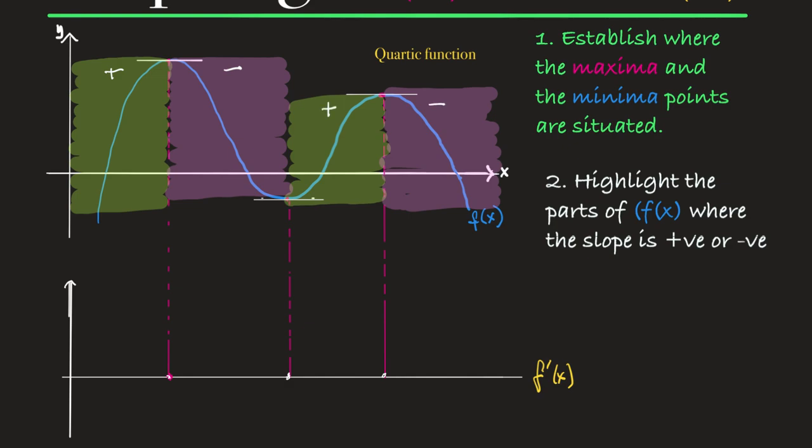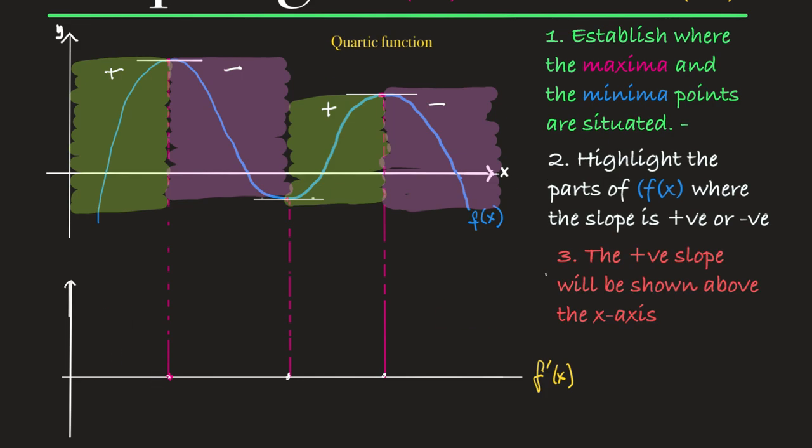And now the positive slope sections must be represented on the derivative function, must be above the x-axis here in this area, because the derivative function shows us the slope. Now, if the slope is positive, we need to have a look at the different sizes of this slope.